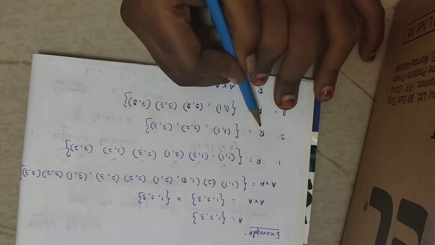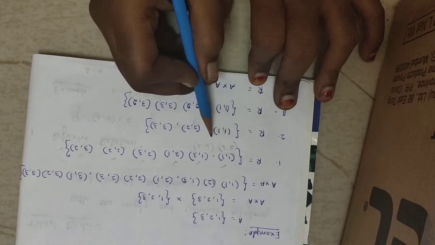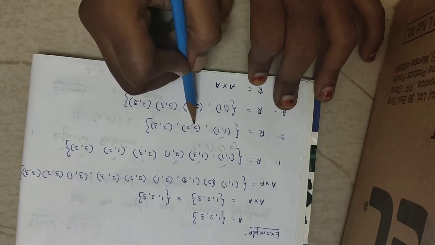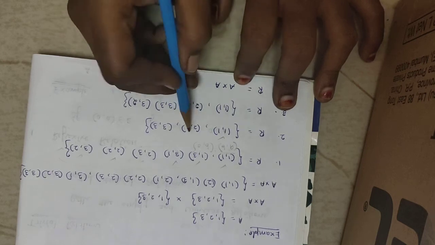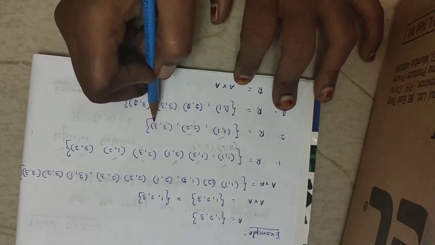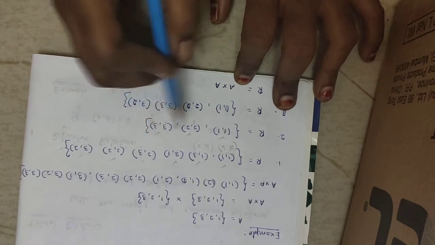Now see the second one. (1,1), then (b, a) will be again (1,1). So this satisfies. Now here (2,2) is there, which means again (2,2) only. This satisfies. Now here (3,3), again (3,3) only will be there. This also satisfies.